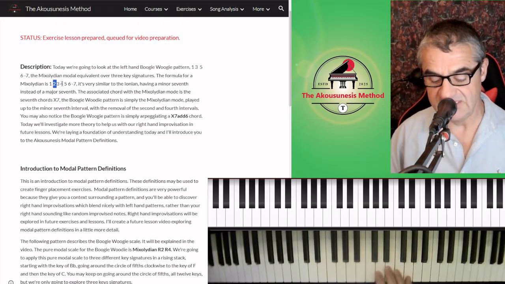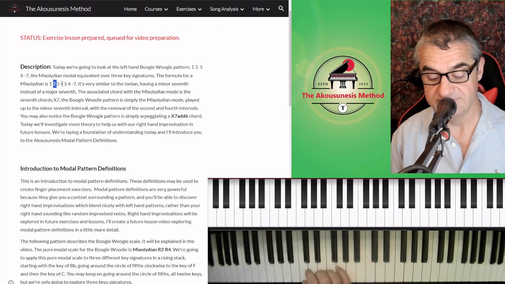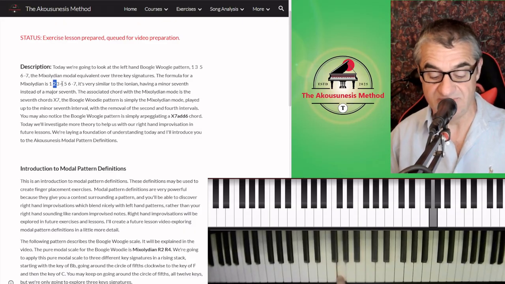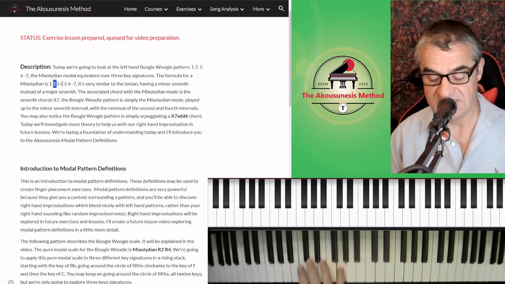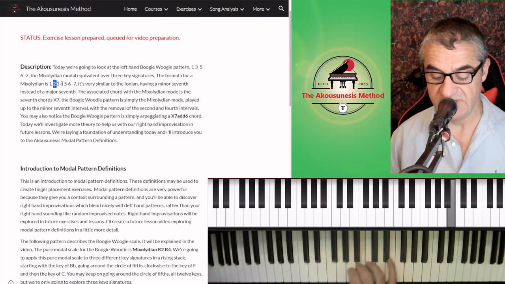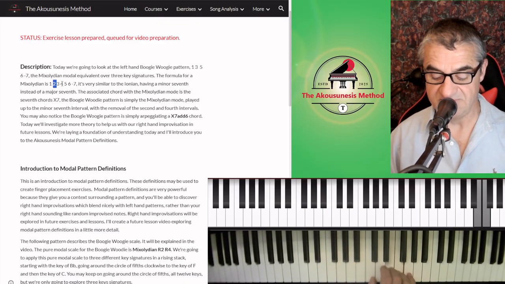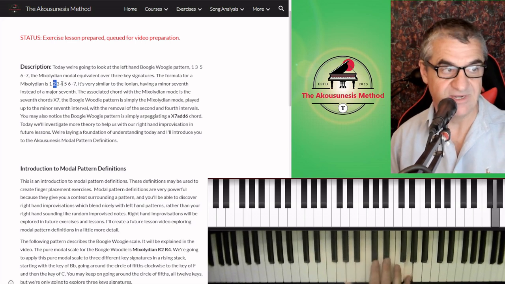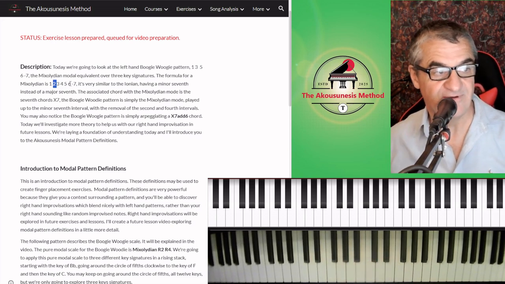So if we look at the key of C again, and we go up to a mixolydian, that starts on G this time, because that's a fifth starting on C. And a mixolydian just plays all the white notes, because we're in the mixolydian in the key of C, so it's 1, 2, 3, 4, 5, 6, minus 7 and 1.